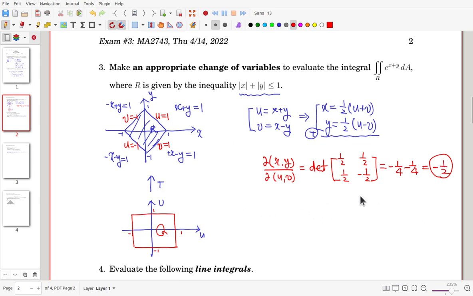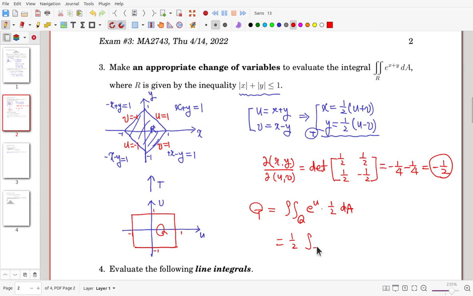Now, in the integral, the absolute value of this one will be used. So the given integral is now the integral over Q, and the integrand is e to the x plus y, which is u, so e to the u. And the absolute value of this Jacobian is half, and dA, right? Q is now a rectangle, and in each direction it goes from -1 to 1, so it is separable, and the half can come out.